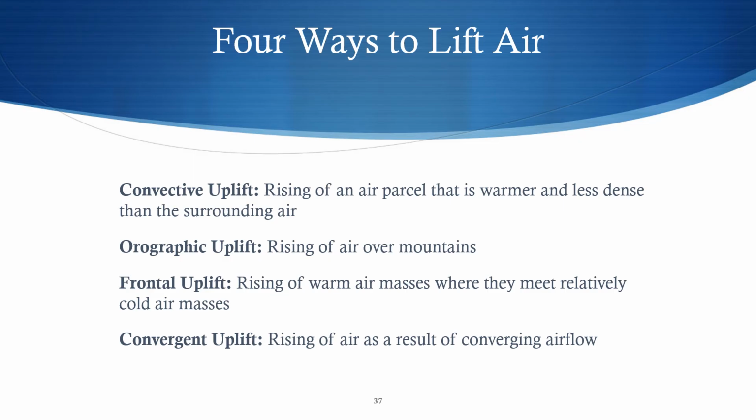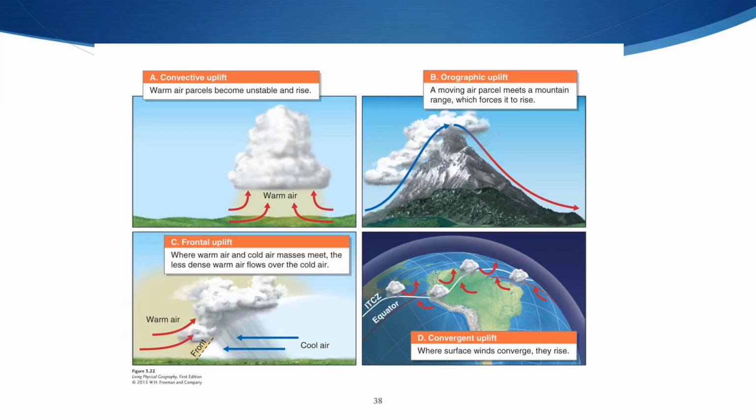And then convergent uplift, this is when we have wind coming from different directions and converging, coming together. Two different directions of wind come together, they slam into each other, and they've got nowhere to go but up.